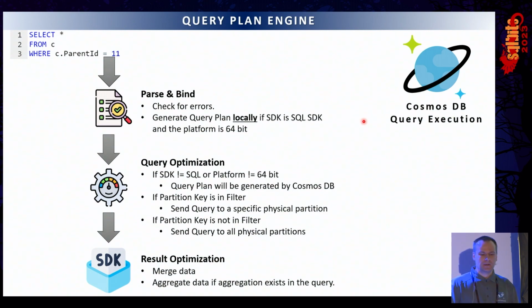If it is, then we know exactly where the data is. We can just make that request and get data from there. If it's not, well, then that's probably going to cost us a lot of request units, which is money. So if you have 20 physical partitions, you're going to run the query in 20 different places.